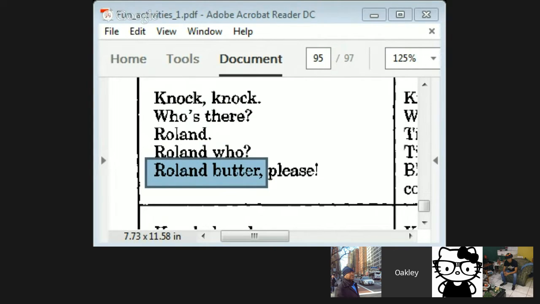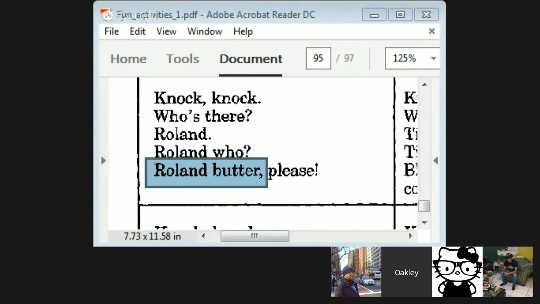So this is the art of making a silly knock-knock joke. You start off sounding like you're saying somebody's name. Roland who? Roland Smith. But you're making a pun. You're making a phrase or word that sounds like another phrase or word. Rolling butter. That's the idea. Why?